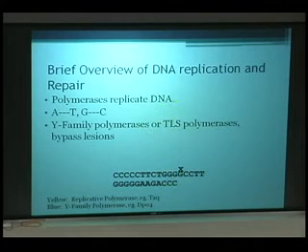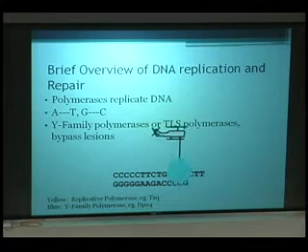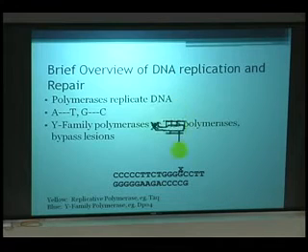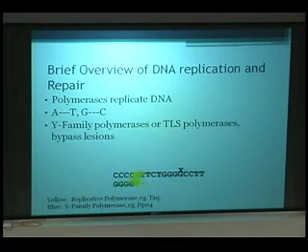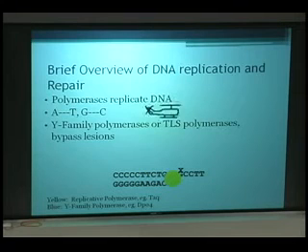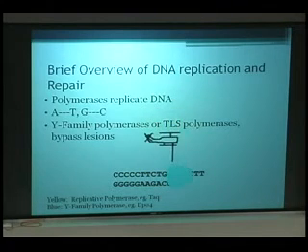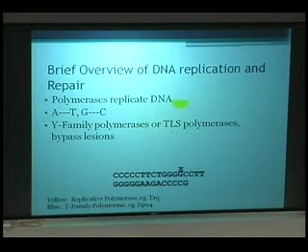The X is like a lesion, like thymine glycol, and it needs to bring in a special polymerase to bypass across the bulky lesion. That's why this big blue one comes in. You can kind of think of that one as Dpo-4. So it goes across the lesion, and then the normal polymerase comes back in and is able to copy the rest of the DNA.